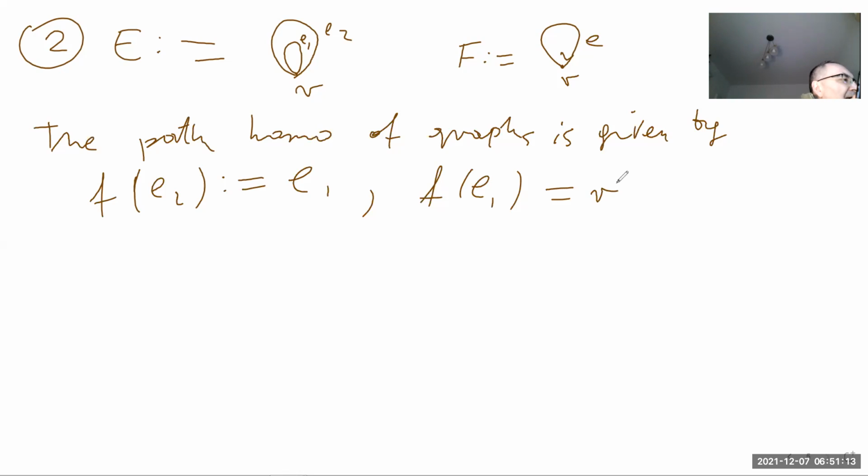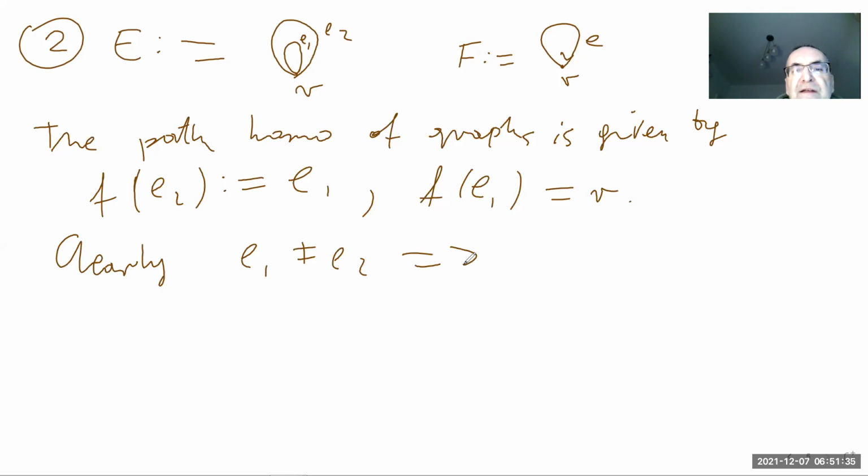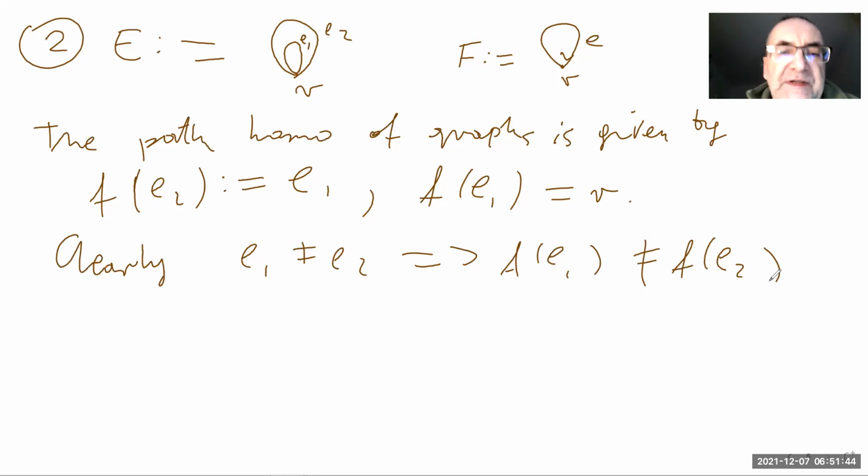Okay. And now you can see, obviously, so clearly, we have injectivity on edges. Because when we have E1 different from E2, this implies that f of E1 is different from f of E2. We have only two edges and they are mapped to different paths.